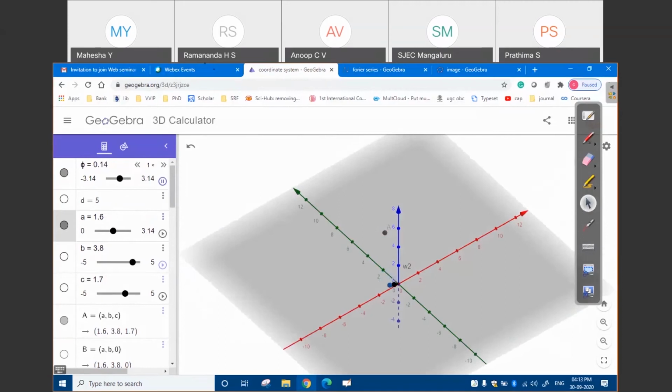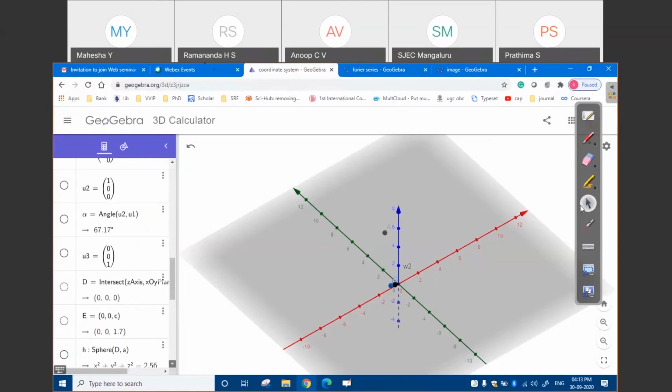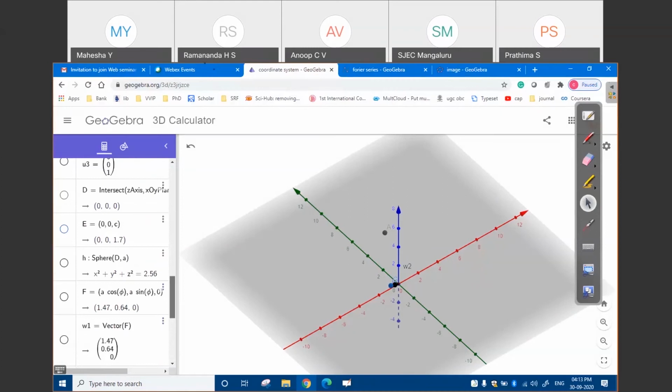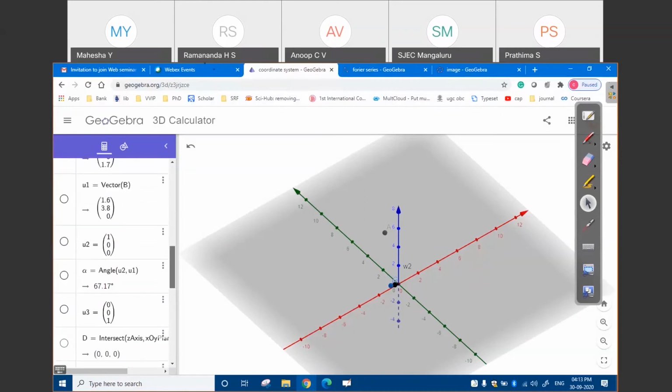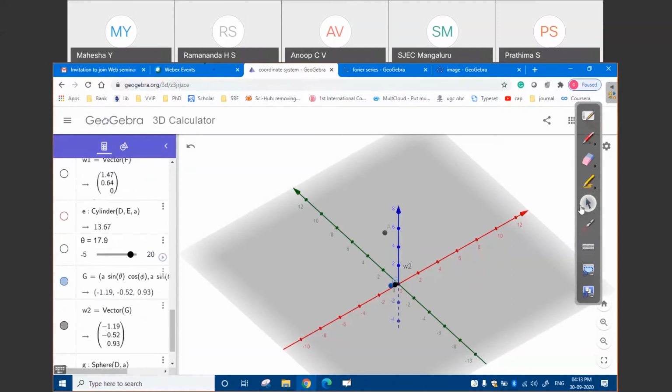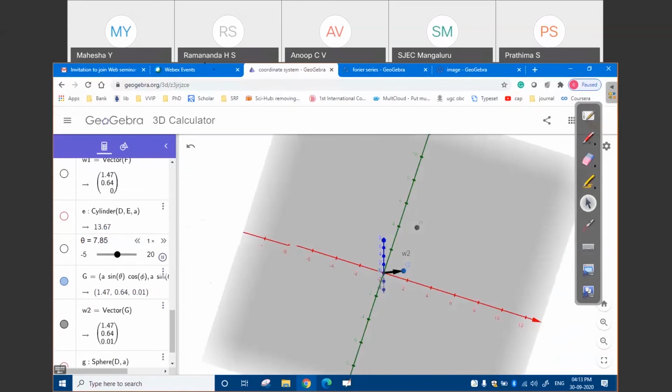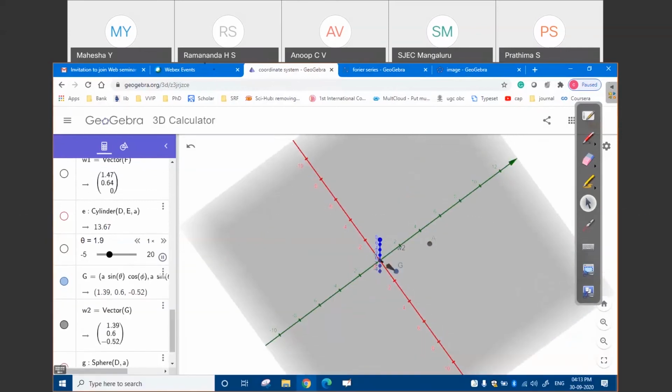And if I keep both the radius and phi constant and change the angle theta, you can see it is rotating, and the angle with the z-axis alone is changing here. So here again we are using the three coordinates: how it changes along the z-axis and how the angle with the x-axis can be shown. Everything can be easily demonstrated to the students.